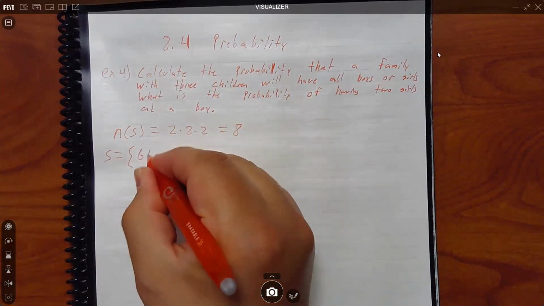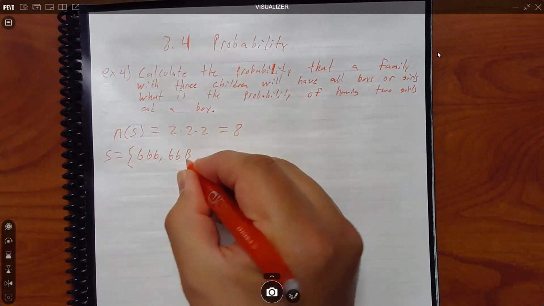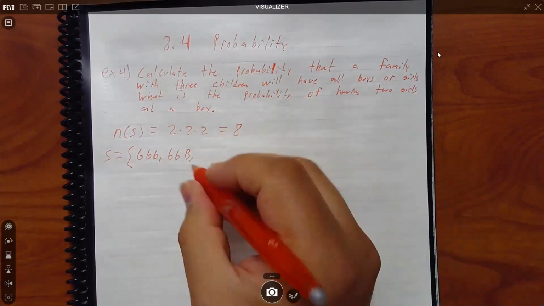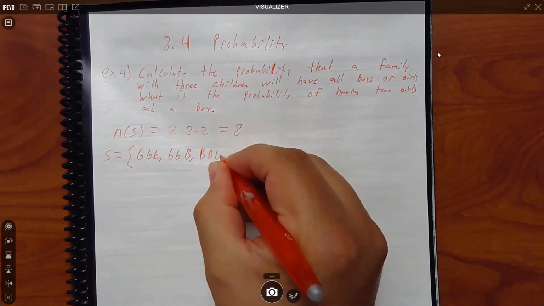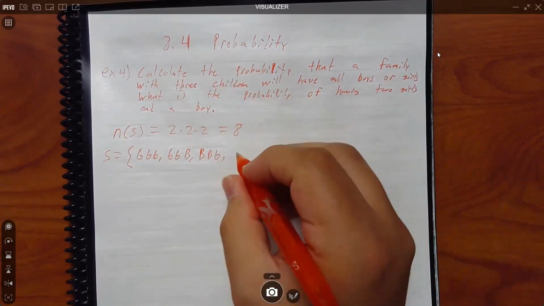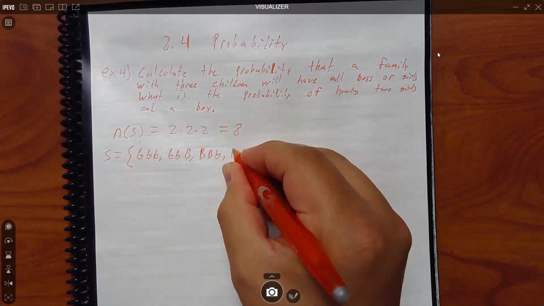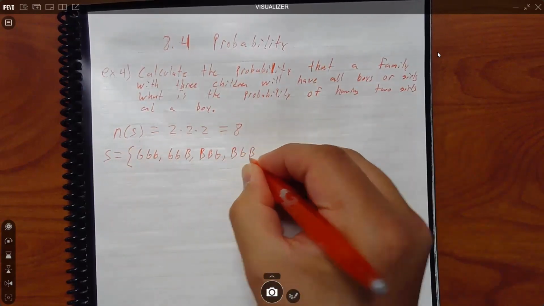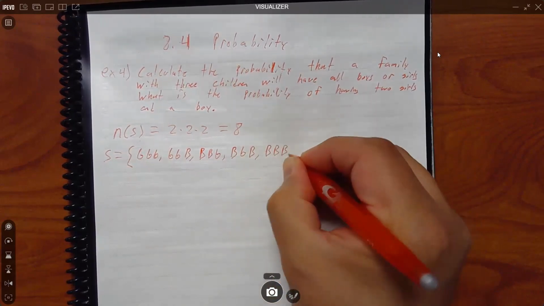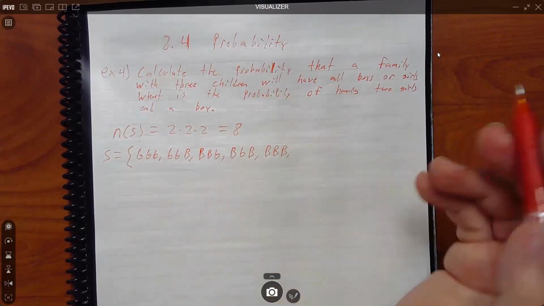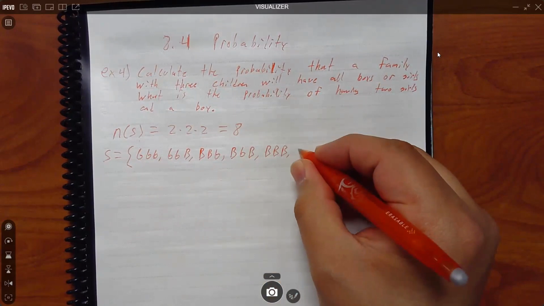You could have all girls. You could have a girl, girl, and then a boy. You can have a boy, boy, girl. Then we gotta have 8. That's what the theorem says. Boy, girl, boy. You could have nothing but boys. 1, 2, 3, 4, 5. So 3 more. Girl, boy, girl.